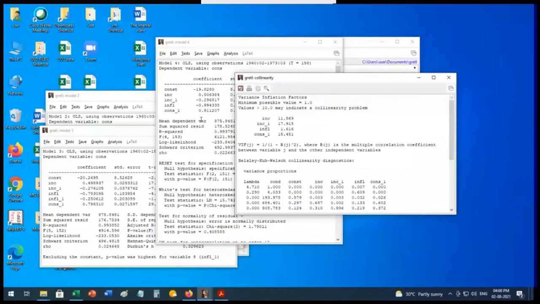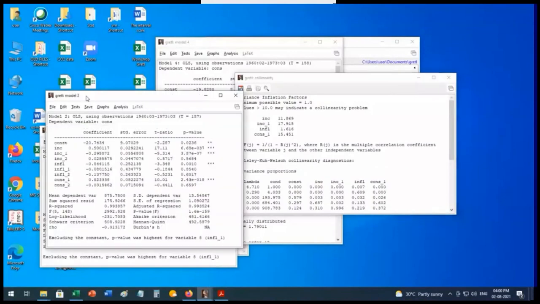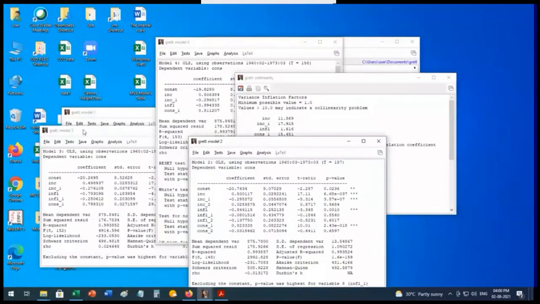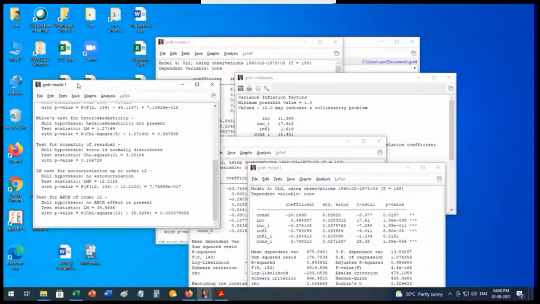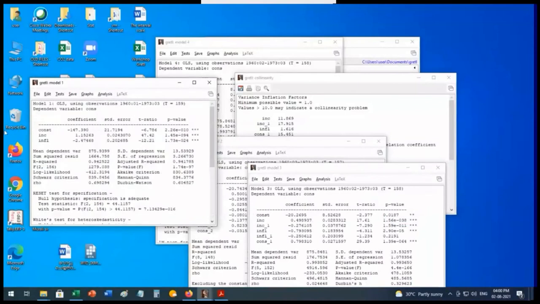Go back to the initial one. If we remove the lagged values, then what will we get? Our first result, this one. See this one. Is this model adequate? This model is not adequate. That's the problem.